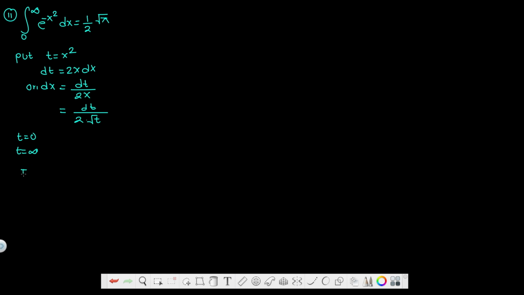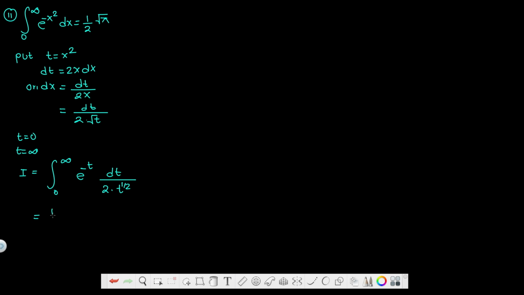So our integral I equals integral 0 to infinity e to the power minus, in place of x square we can write t now, and in place of dx we can write dt over 2 times t to the power 1 over 2. So square root of t is same as t to the power 1 over 2.